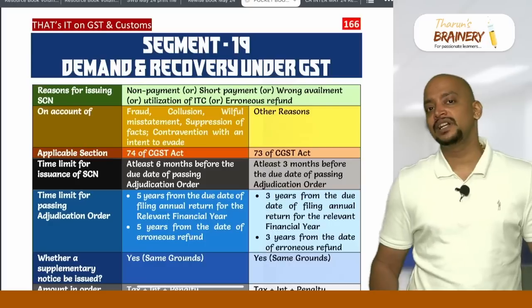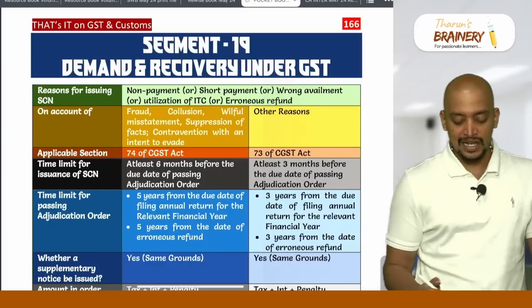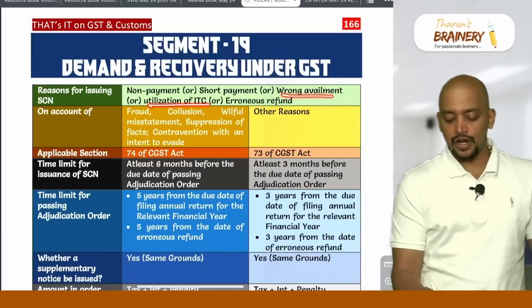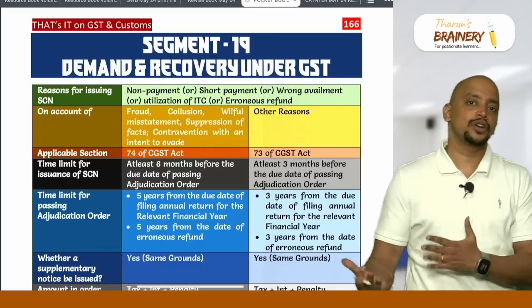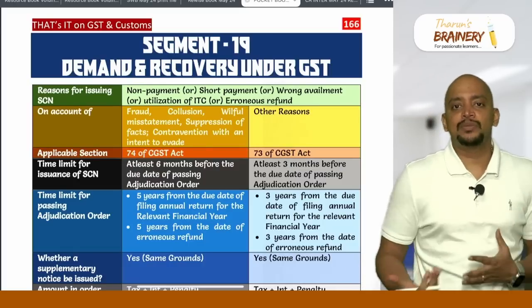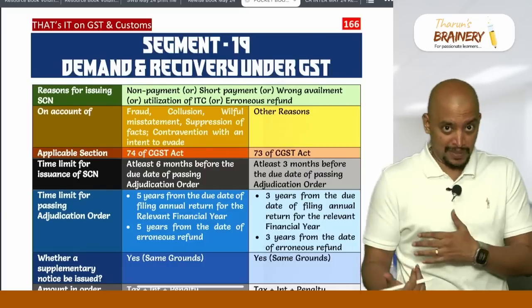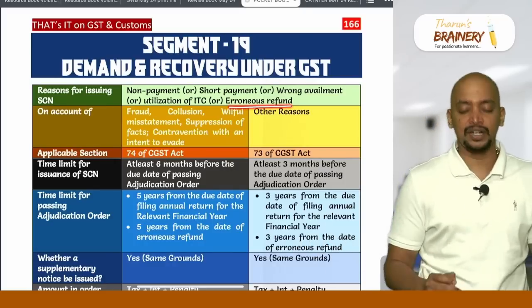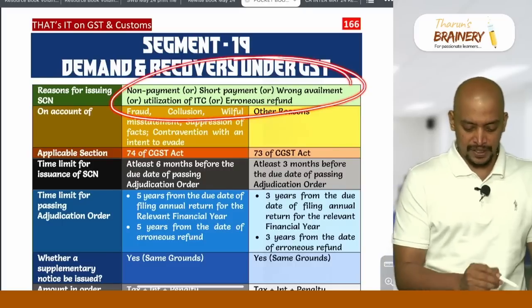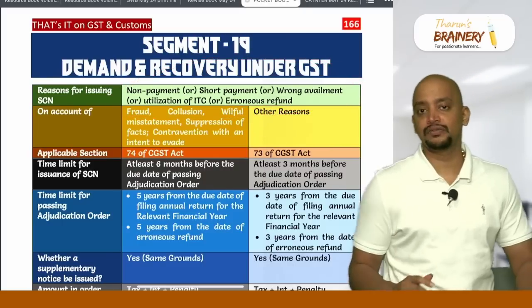You have wrongly availed the ITC and utilized it for payment. This should be understood as wrong availment and wrong utilization, because mere availment will not be an offence. So availment and utilization for payment of our liability, or erroneous refund. These are the cases for which 73 and 74 will be applicable.